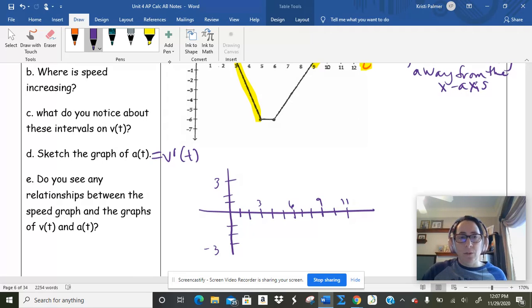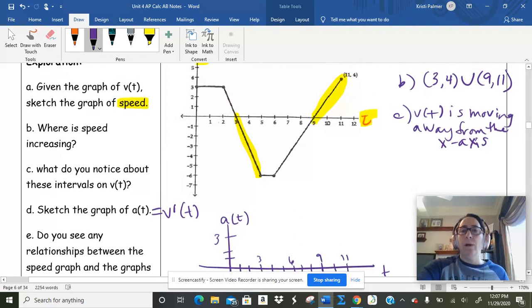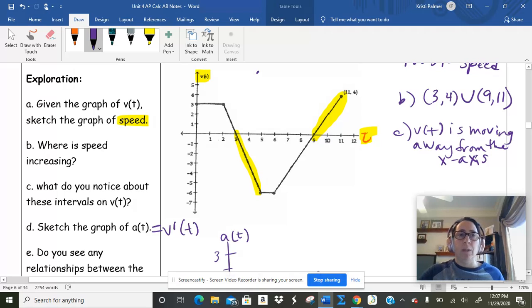Now if I'm going to do v prime of t, this is t, and this would now be my a of t. Remember that the denominator has a squared in the units label. I want to sketch that graph. This is nice and easy because all of these are linear, so I just need to find the slopes.